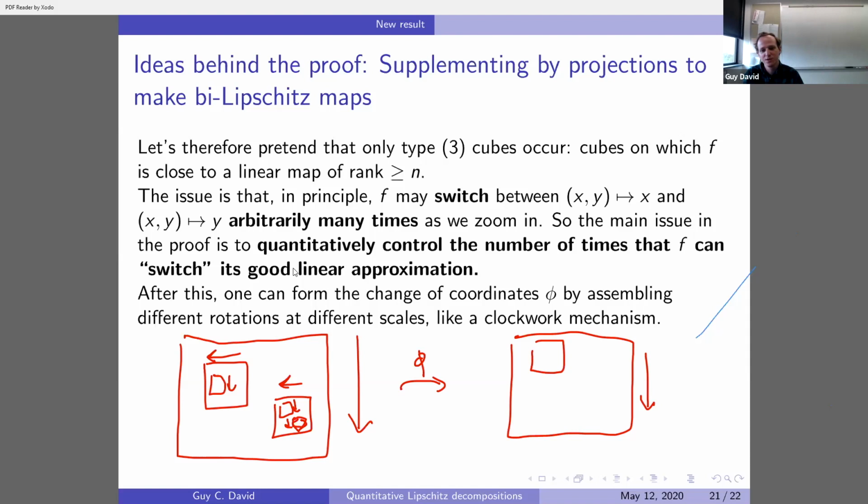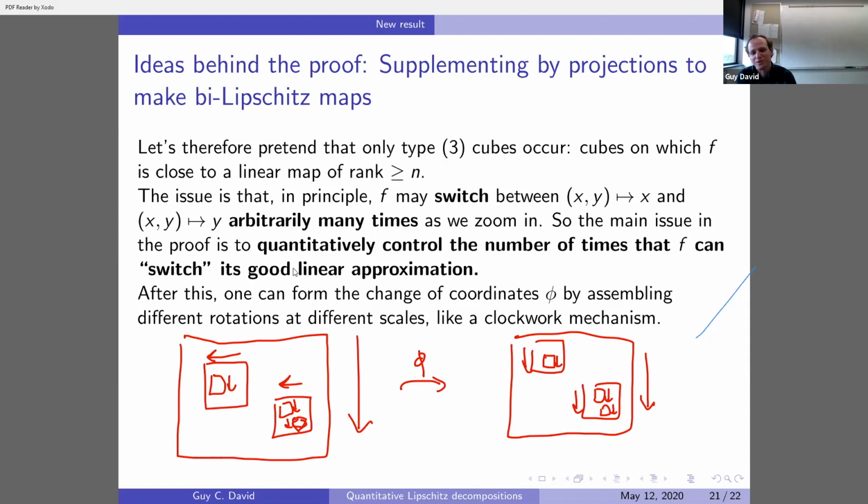But then this cube, I rotate in place. And this cube, I rotate in place. And then inside that cube, I probably have to do some smaller rotation to make that point downwards. So if I apply different rotations at different scales, then what I get is a mapping that's well approximated by the same projection at every scale, and then it's easy to supplement.